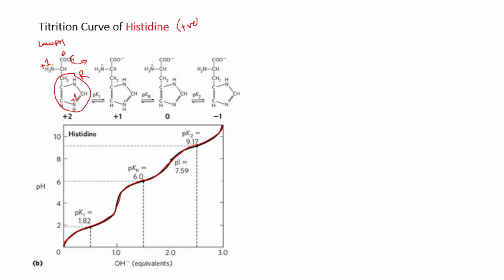So here, in case of a positively charged amino acid, pKr lies between pK1 and pK2.